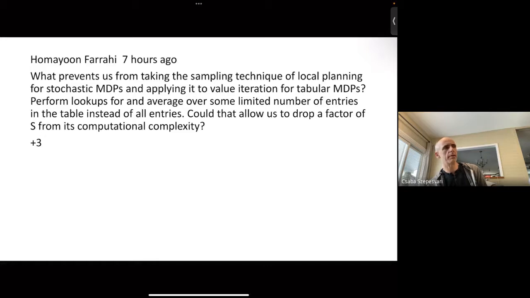And as I was alluding to, you can write down the results, and that creates a policy, and you can just use that policy.